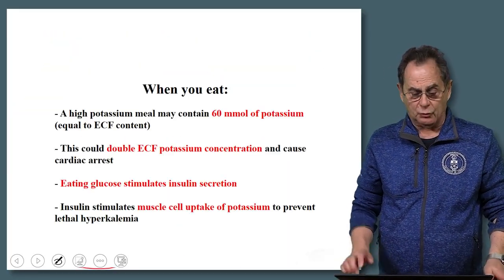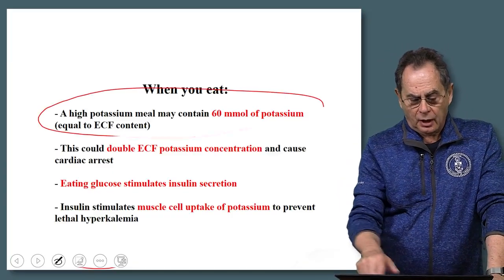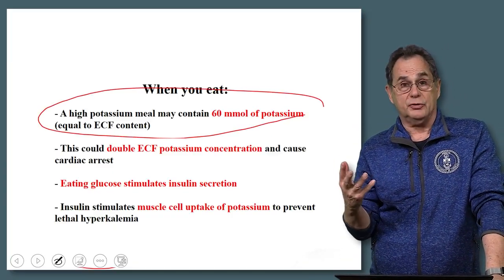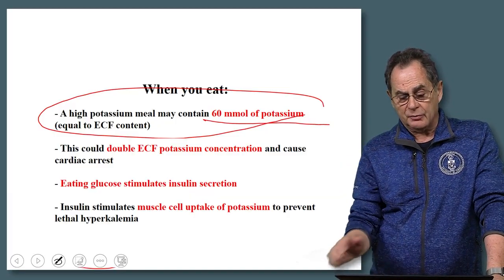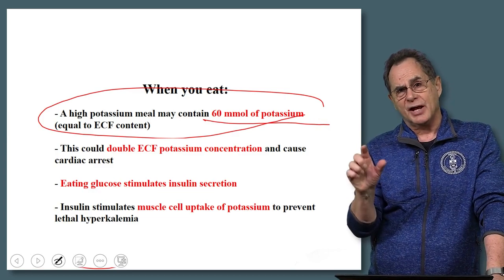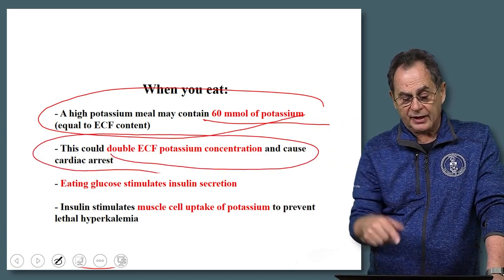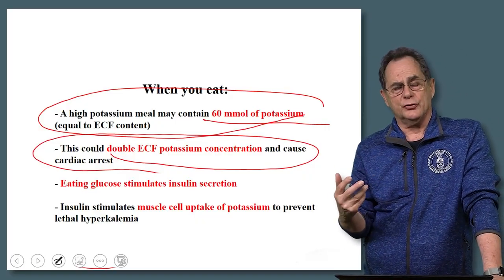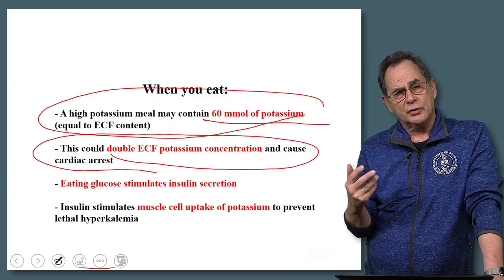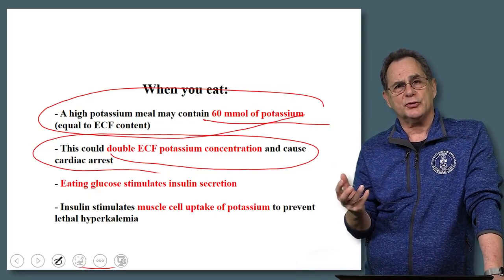So a couple more things to remember here. When you eat, a high potassium meal, depending on how many fruits and vegetables you consume, could have 60 millimoles of potassium. Now that potassium goes into the extracellular space. And if you think that the extracellular fluid volume is only 14 liters, with a concentration of potassium of 4 millimoles per liter, that's 56 millimoles of potassium.